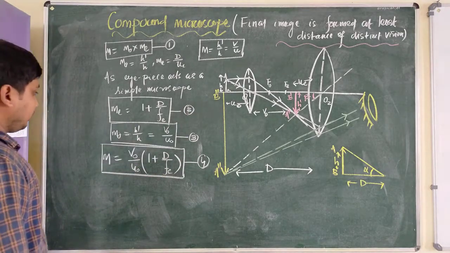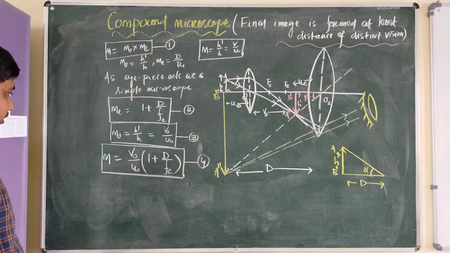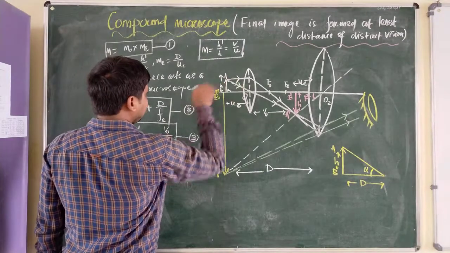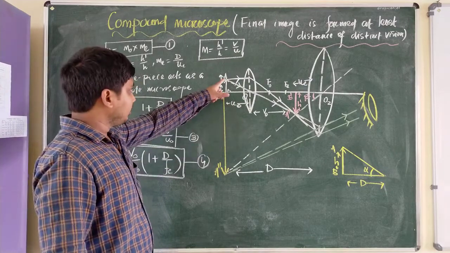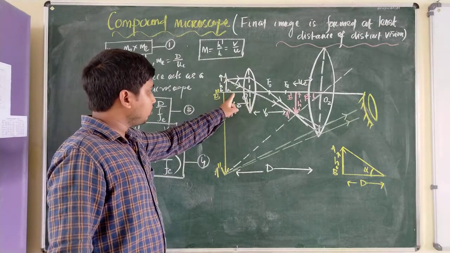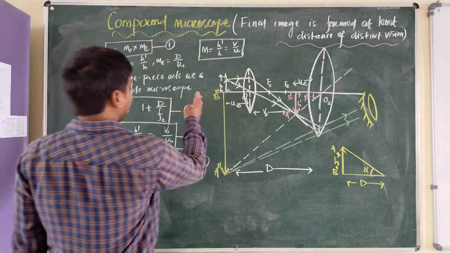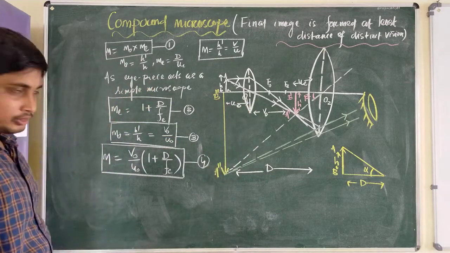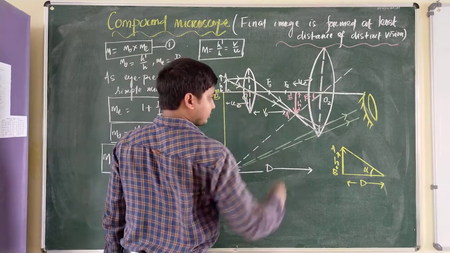Okay. Let us now just simplify this equation number 4. It is saying that if this object AB for the objective is placed near to the focus of the objective, we know that for a convex lens, when you move the object towards the lens, the image will also shift.